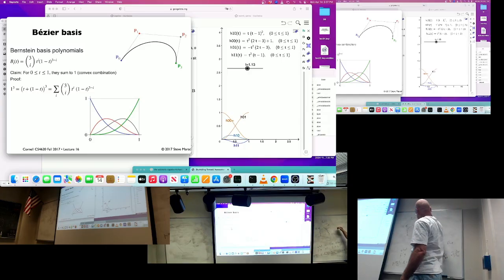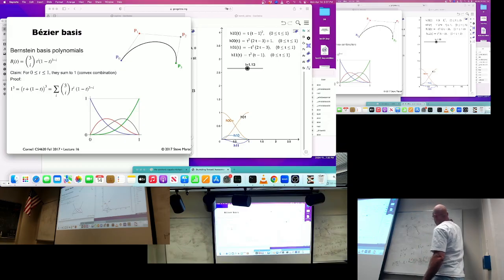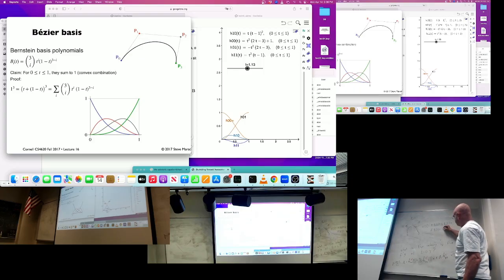So to represent gamma of t in this case, it would be A times B0 of t plus B times B3 of t plus A prime B1 of t plus B prime B2 of t. This is B for Bernstein.